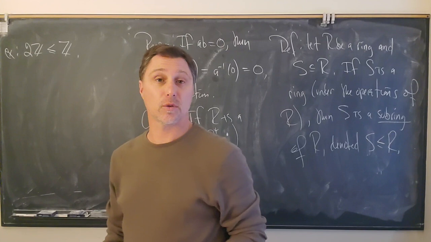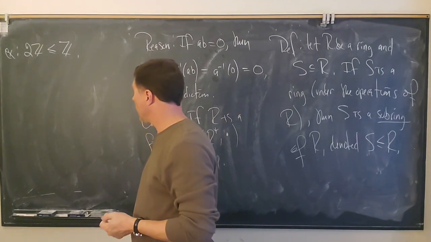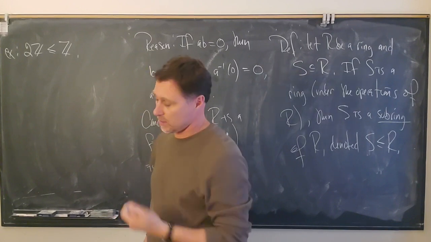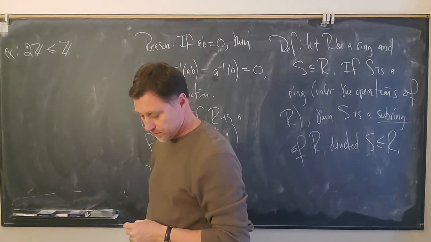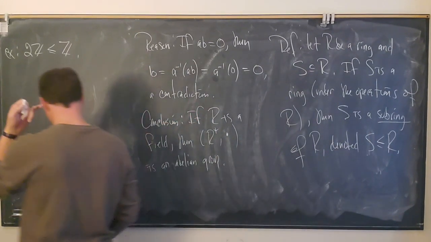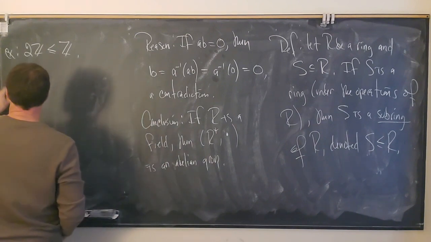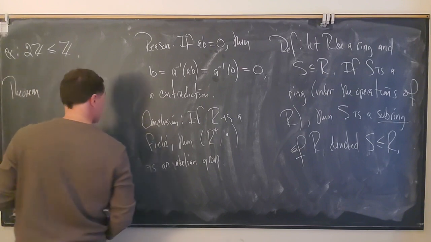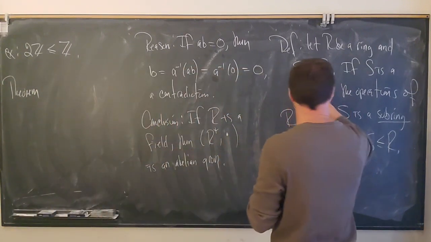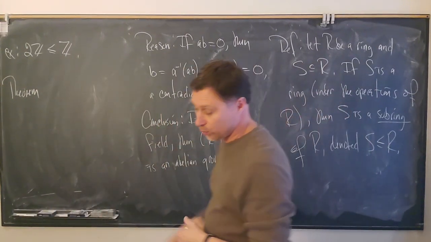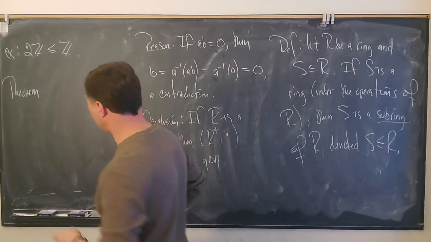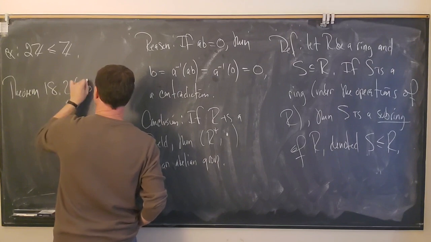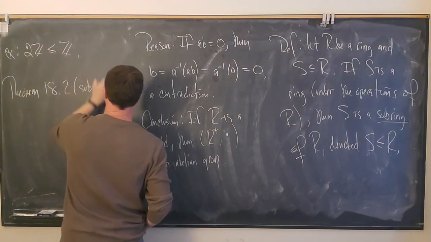In fact, NZ is a ring under the operations of addition and multiplication, and so 2Z, in fact NZ, is a subring of Z. Now, just as we had a subgroup test, there's a subring test. So our next theorem is going to give us a way to check whether a subset is a subring or not. So theorem 18.2 is the subring test.